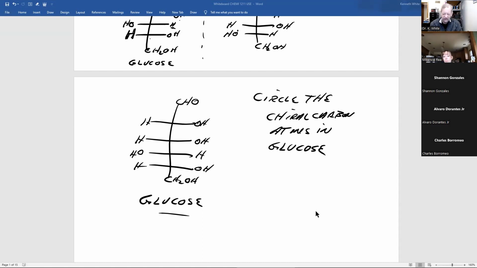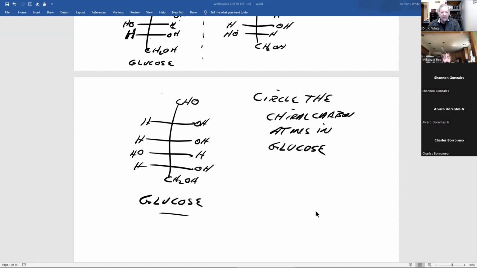All right, let's take a look at this. How do you know what is a chiral carbon? It has 4 different groups, 4 different atoms, or a combination of 4 different groups and atoms on it. If a carbon has 2 or more of the same thing on it, or if it's in a double or triple bond, it can't be chiral, it's out.